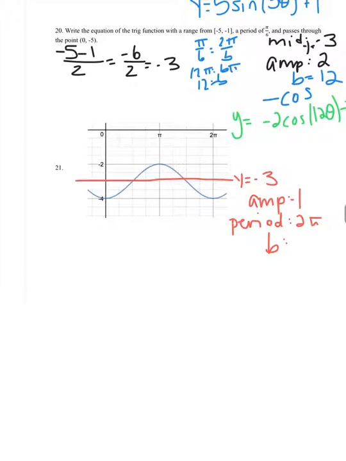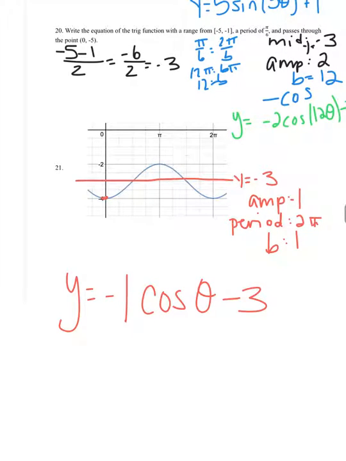I can see how many cycles I complete from 0 to 2 pi, and in this case it's 1. Or I could also find that from doing the period. This is negative cosine because I start down here. So my answer is y equals negative 1 cosine of 1 theta, or cosine of theta, minus 3. And that's my answer. You don't even need the 1 in front of the cosine. You can just write negative cosine theta.